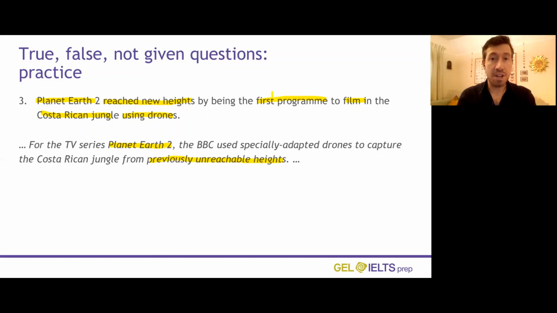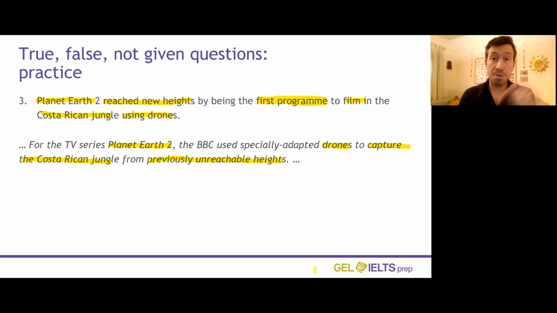By being the first program to film in the Costa Rican jungle using drones, well, we can see they captured the Costa Rican jungle and they used drones. But were they the first program to do it? Were they the first program to use drones? Well, we don't know. There's not enough information here.